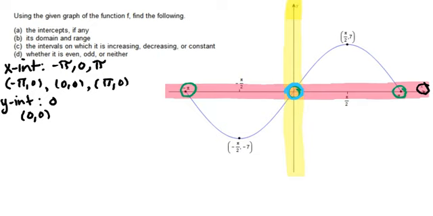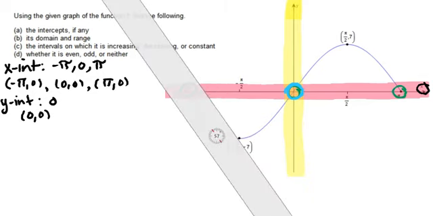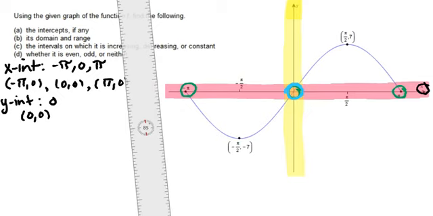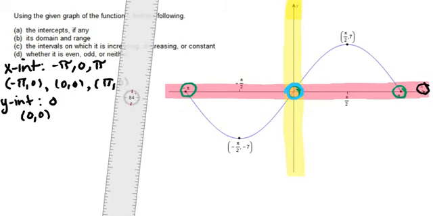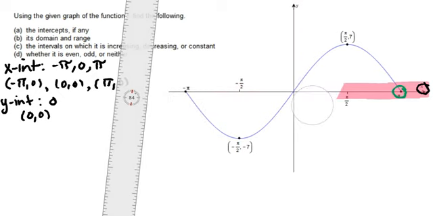So let's move on to finding the domain and range. The domain is defined to be the set of all x's. What I'm going to do is use my ruler, and I like to hold the ruler vertically. Maybe before we do this, I'm going to erase all these markings.